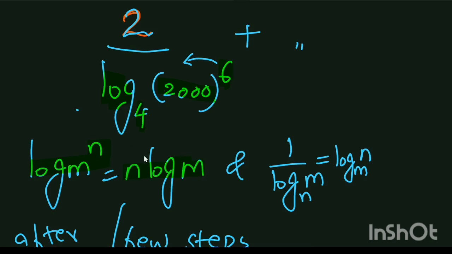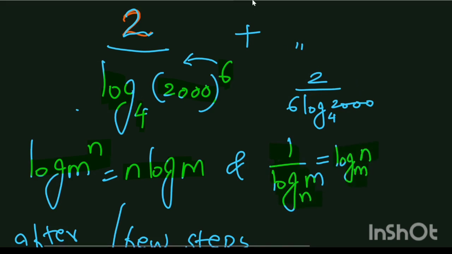Once 6 goes down, we would be left with 2 upon 6 log 2000 base 4, and then we can use this property, 1 upon log m base n is equal to log n base m, so that we can write this as 2 upon 6, which is 1 by 3, log, what will come, guys?